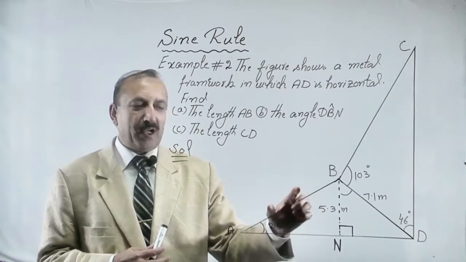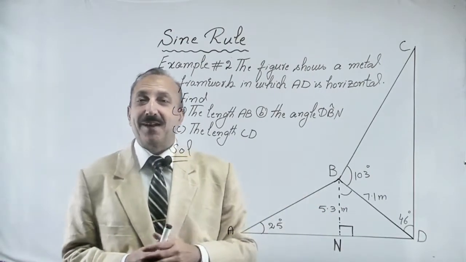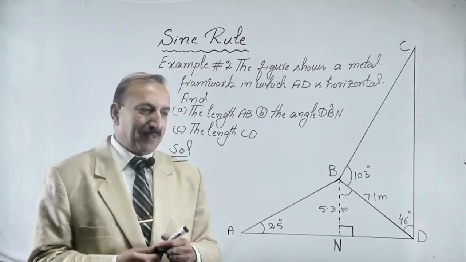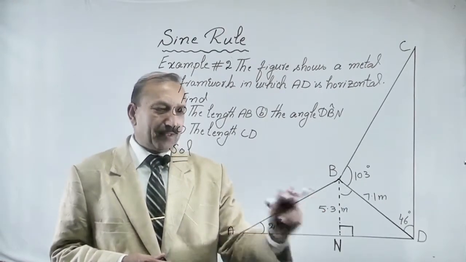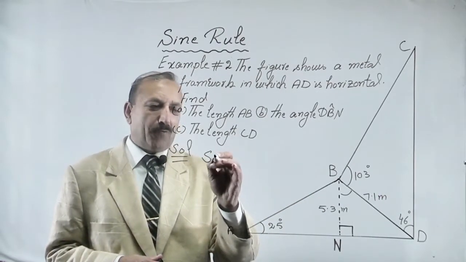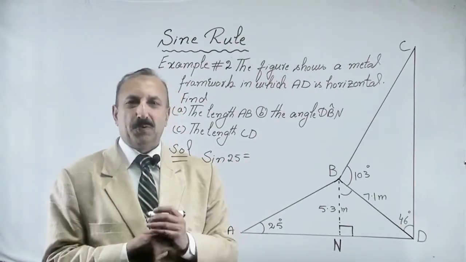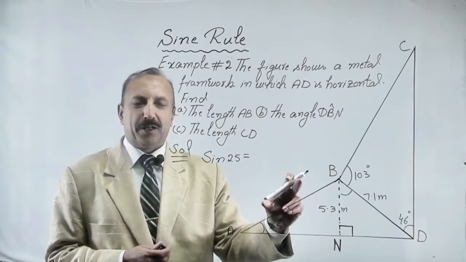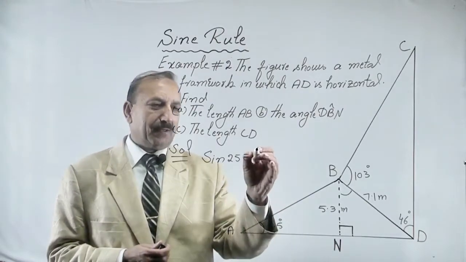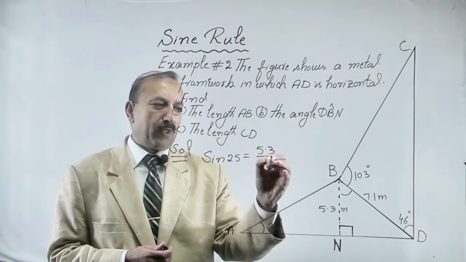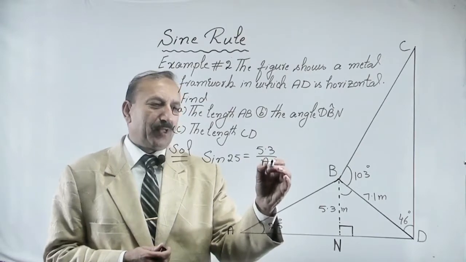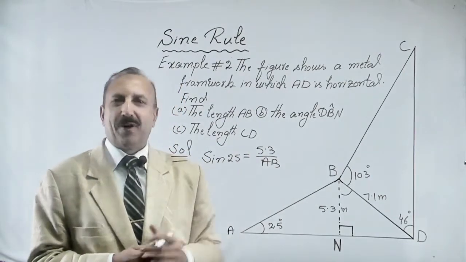Opposite and hypotenuse make the sine trigonometric ratio. It means that sine of 25 will be equal to opposite over hypotenuse, that is 5.3 over AB, which we are going to find.